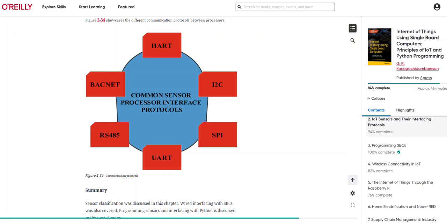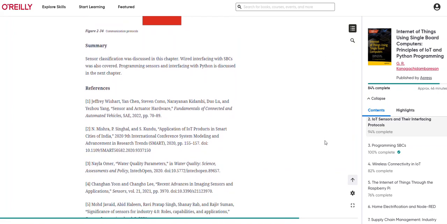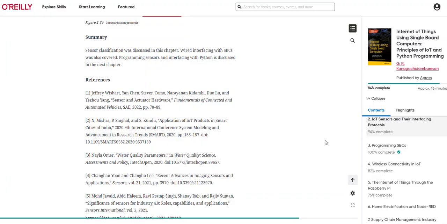So when connecting a sensor to a microcontroller, physical interfacing is the first step. This means ensuring the sensor's voltage levels and signal types are compatible with the board. For example, many IoT microcontrollers like the Arduino operate at 5 volts, while some sensors use 3.3 volt logic.